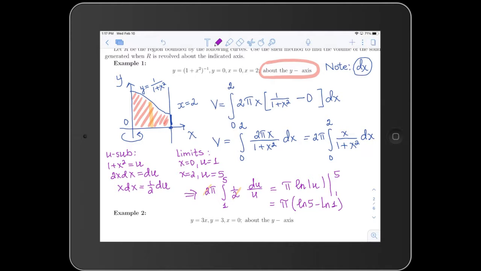So what is your final answer? Pi times natural log of 5. Okay, so let me put it right here. Pi times natural log of 5. That is our final answer. Of what? Cubic units. This is still a volume problem.